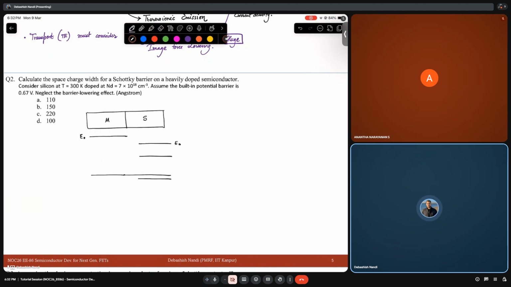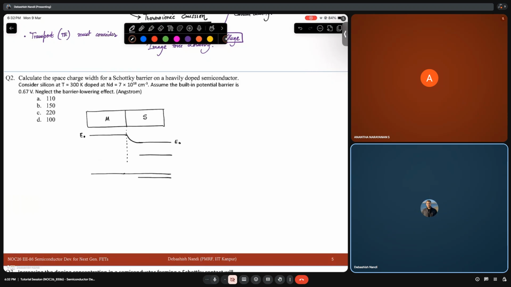So E0 will be continuous, and inside the same material, E0 minus EC will also be the same because my electron affinity is a material property. Fine. And this is also like this. So this is my EC, this is my EF, this is my EV. And the barrier, what I see, is this.